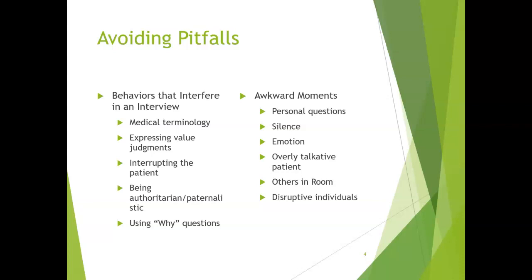So another challenging situation is when there are others in the room. I've had situations where I've interviewed a patient, and a really good example is when I have a husband and wife in the room, and the husband is the patient, and the wife tries to answer all the questions for him. What I'm wanting to do is find out what he knows about the situation.